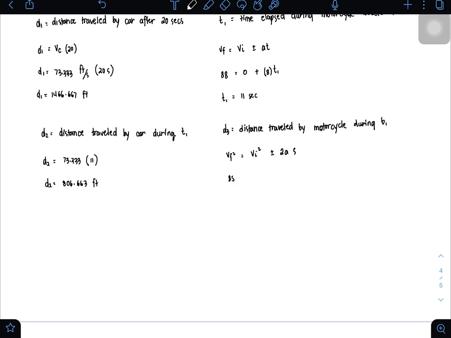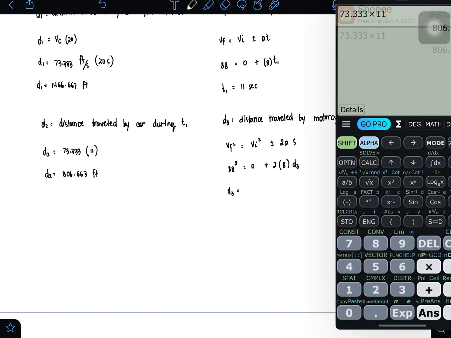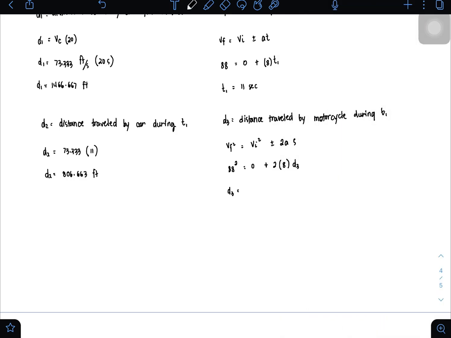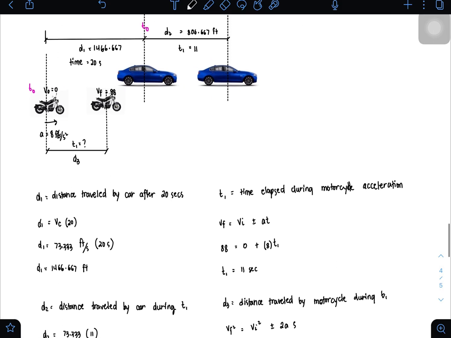So final velocity is 88, initial velocity is 0, by the way, square that, and then this is acceleration, so that's positive 2 times the 8, and the distance here is d3. So d3 is how much? That's 88 squared divided by 2 times 8, so that's 484 feet. Okay, so that is the distance traveled.